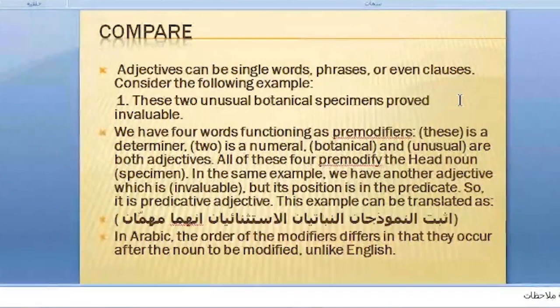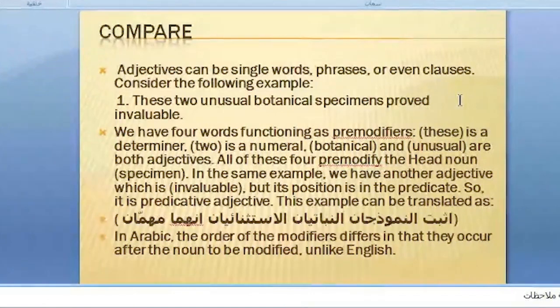Now we have this example which says: these two unusual botanical specimens proved invaluable. أعيد قراءته: these two unusual botanical specimens proved invaluable.